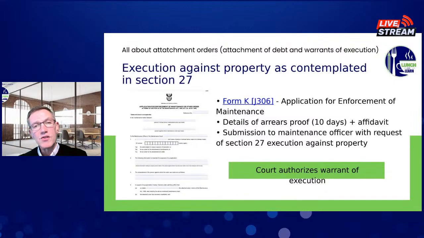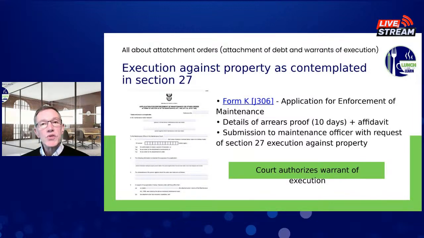We suggest to our clients that you complete an affidavit at the police station, identifying your banking statements and setting forth to court the total amount that is due, that you want a warrant of execution to be executed for, so that the court would be in a position to say, this is the amount of arrear maintenance. And then those documents together with your affidavit and the J306 form need to be given to the maintenance officer.